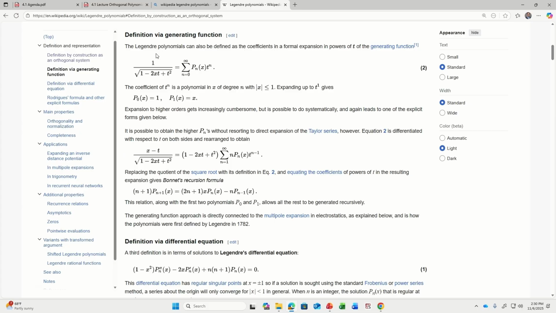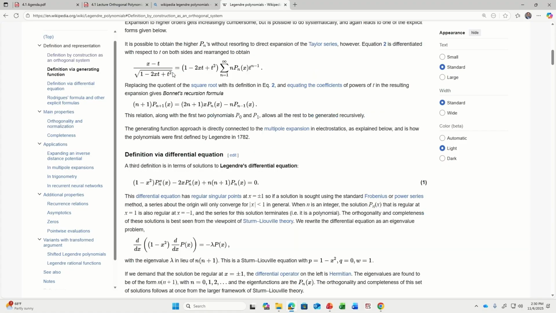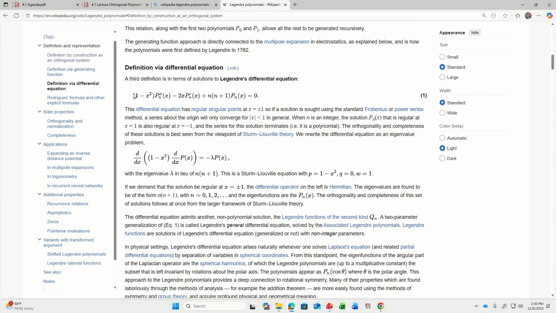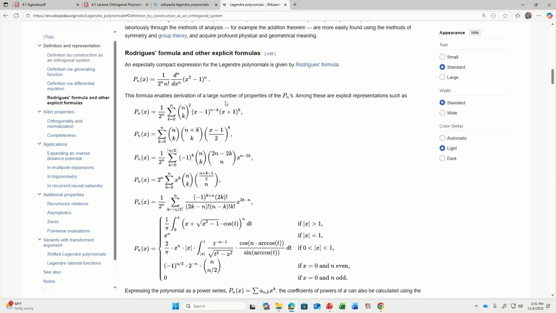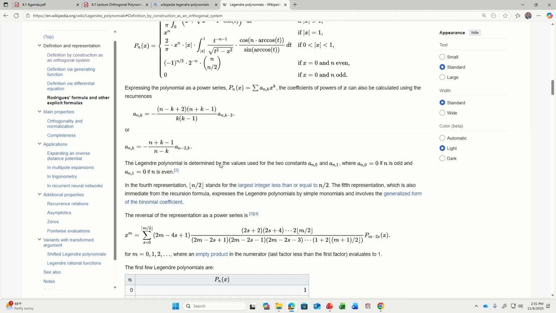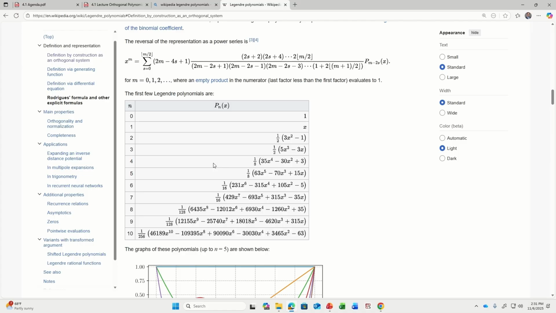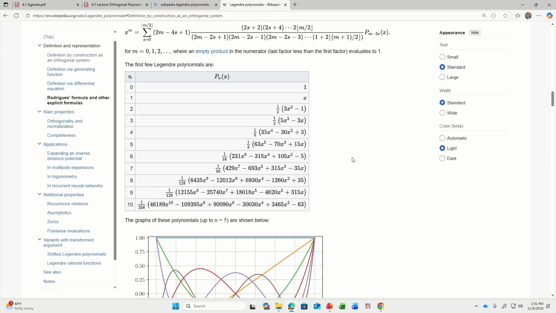There's smart people that have defined this as the answer to this generating function. This is also the solution to this differential equation. There's some formulas for constructing these called the Rodrigues formulas. And you can double check our work too and make sure, do we get the degree 1, degree 2, degree 3 polynomials correct? Yeah, I think we did.